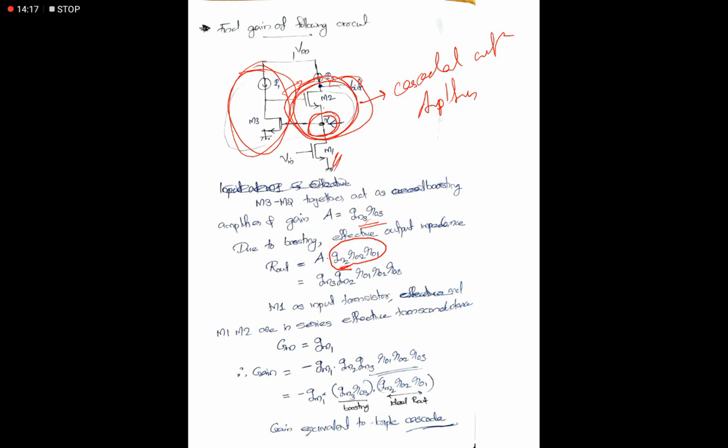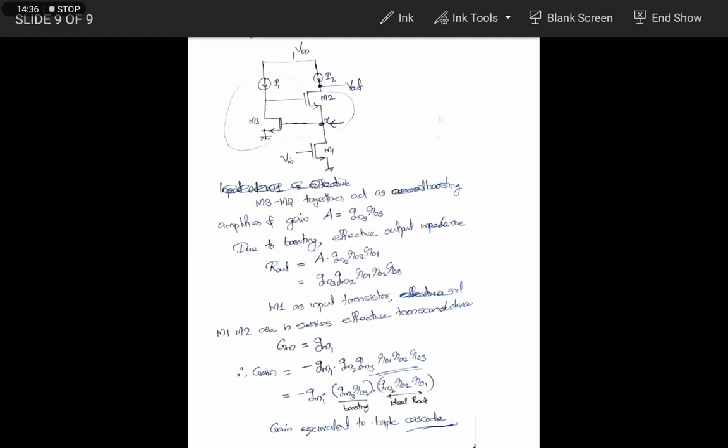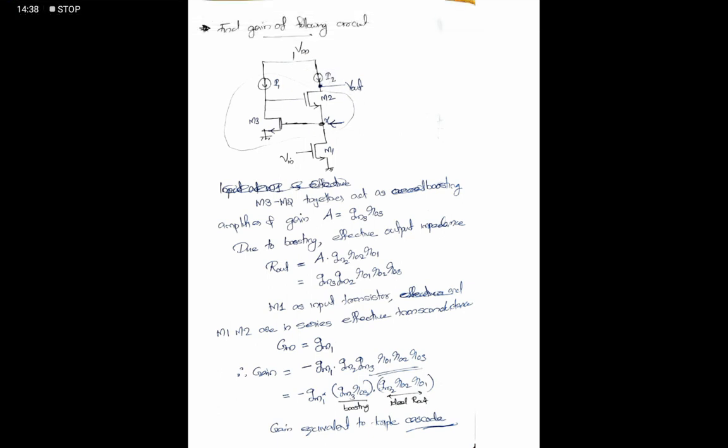Due to the gain of this stage, the actual output changes to A times GM2 R02 R01, that is GM3 R03 times GM2 R01 R02. This will be the effective output impedance, and due to the single input point and the current source or saturation configurations, the effective transconductance is GM itself, and we will get the actual gain as the product of all these elements.